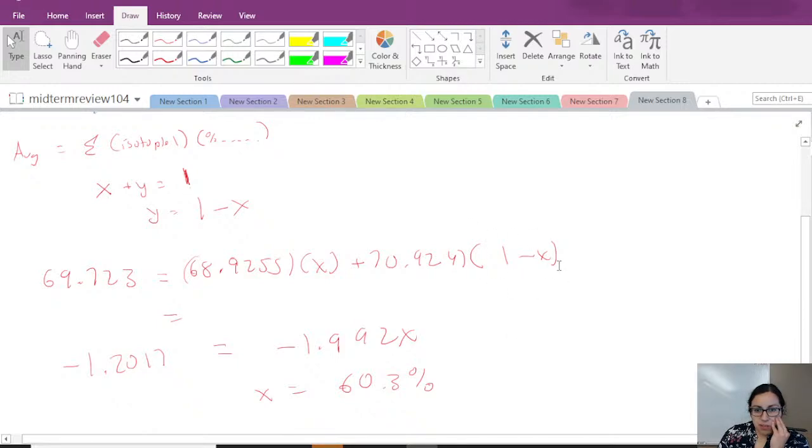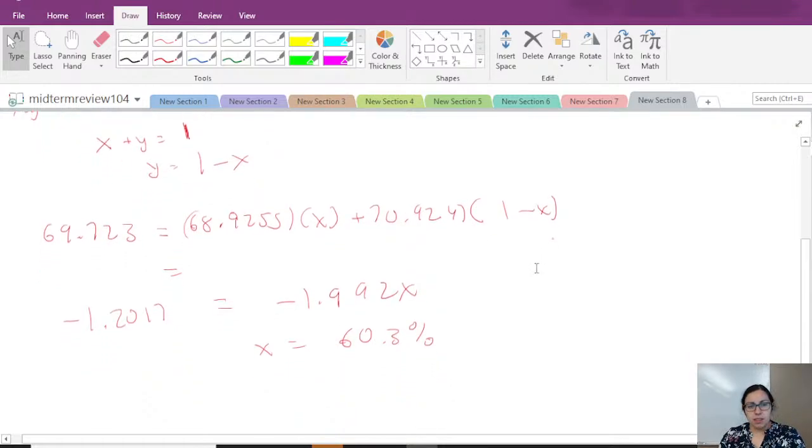Again, I apologize for plugging that in wrong. It should have been 1, since it's multiplied by the decimals. Even though they equal 100%, we have to convert it to the decimal when doing the algebra here. Once you do the algebra, did you get x is 60.3?